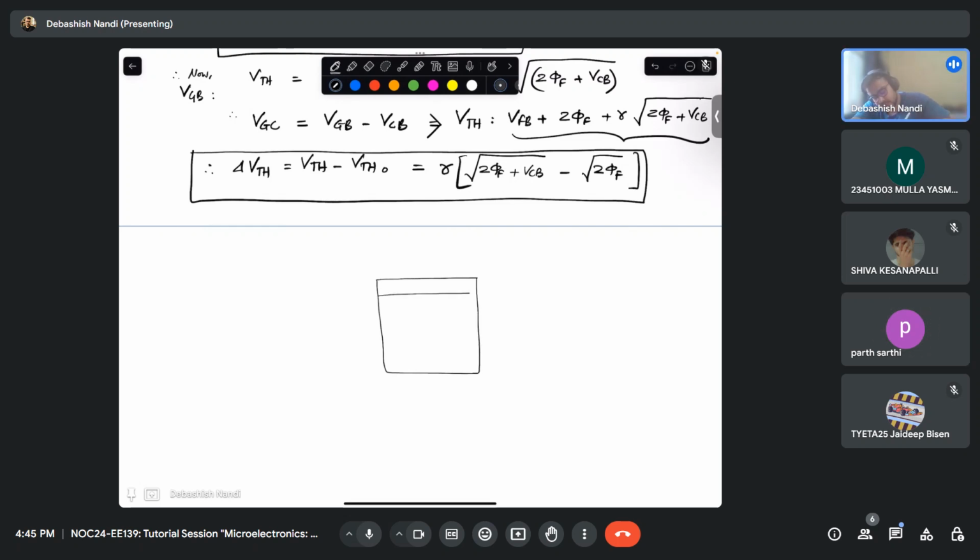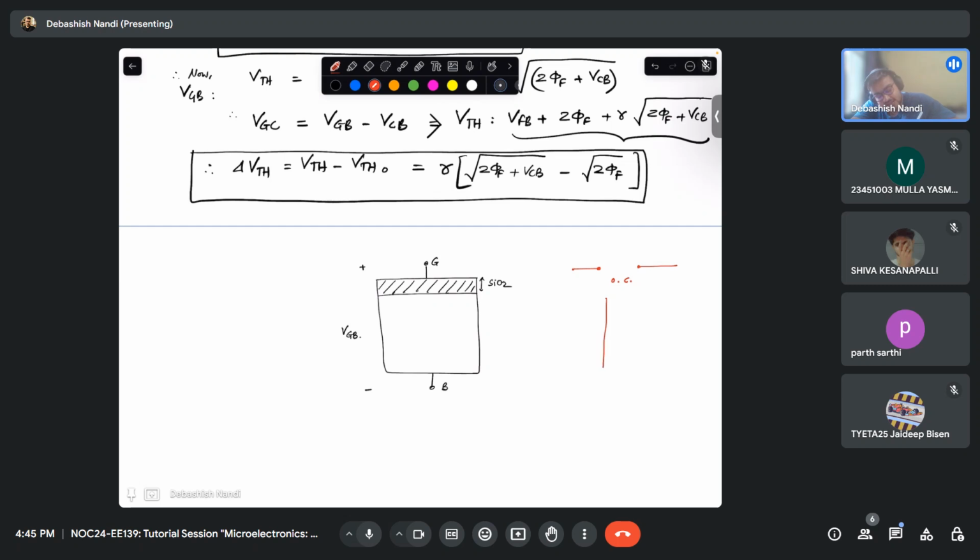No, wait. So this is an oxide, let's say SiO2. This is your B, this is your G. You are applying potential across these two terminals. Now, what is an open circuit?